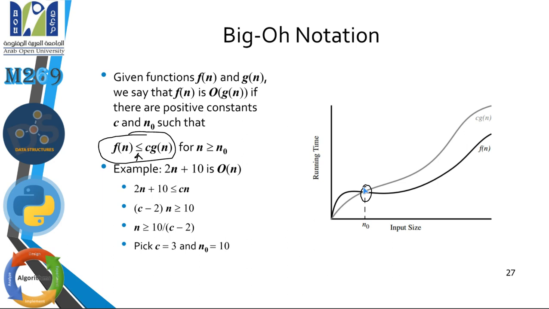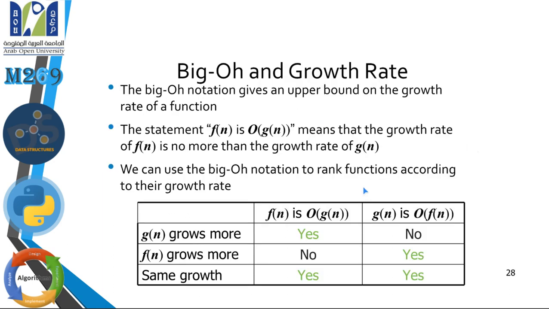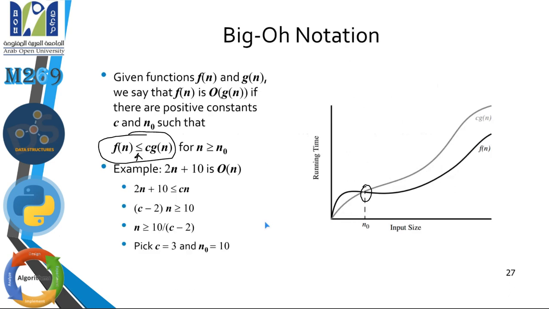So we might come to a point where g(n) equals f(n), at the point n0.